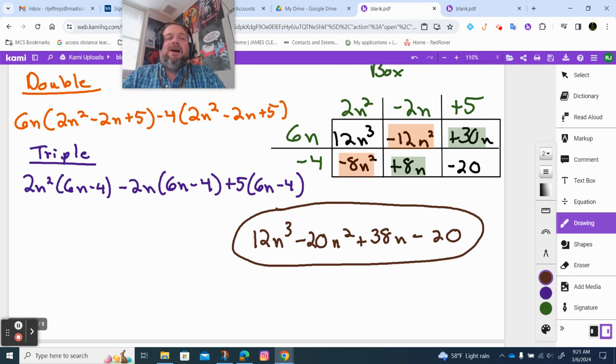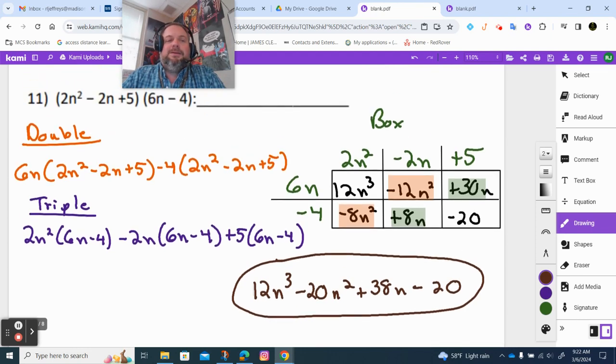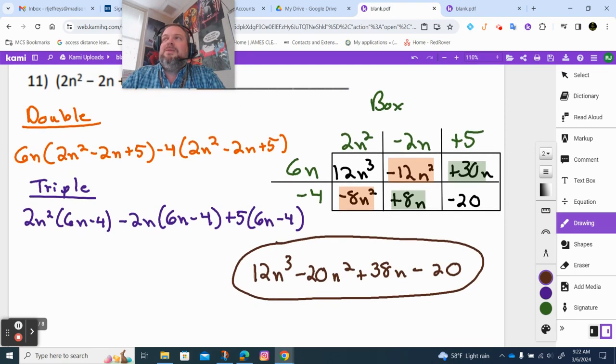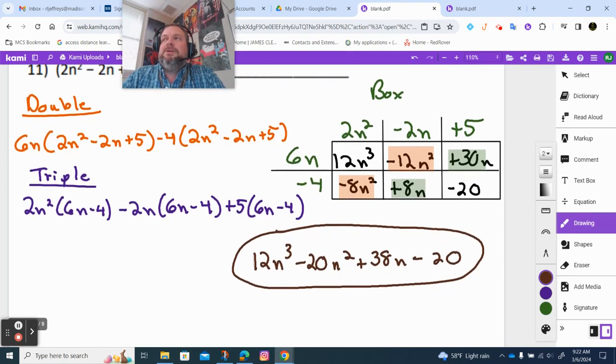Now, on this slide, there's a lot going on. Did you set it up wrong? Which one do you use?